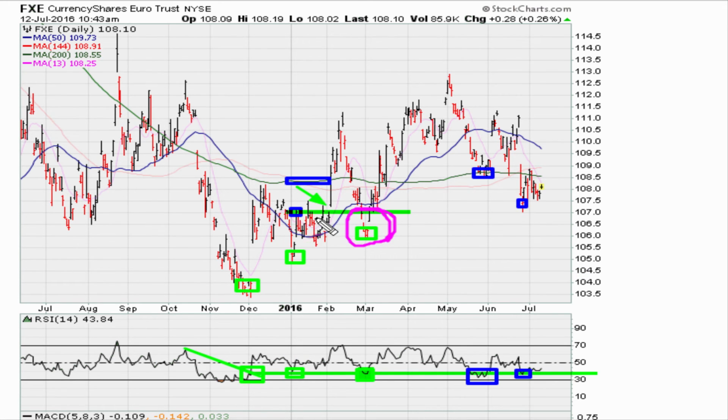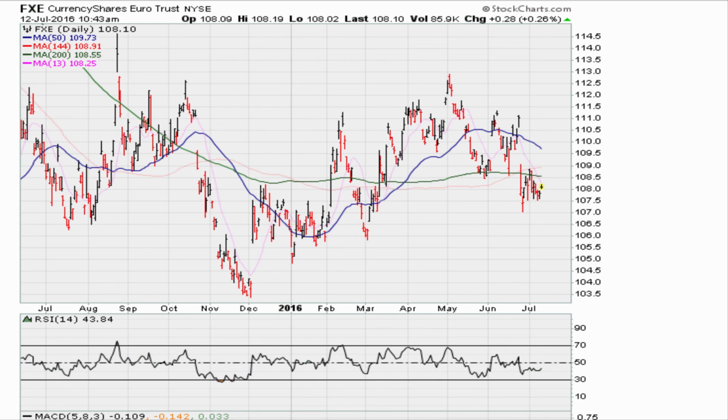So what I'm trying to say is that even though this area here was violated and our breakout failed, you could have been stopped out, which is okay, or use this method here to decide that this was actually a logical re-entry level, and it was correct, because eventually the stock would move higher. As you can see, there was a move higher in the price. Subsequently, we get this crossover, which is what the Muathe Virgin Breakout is all about.